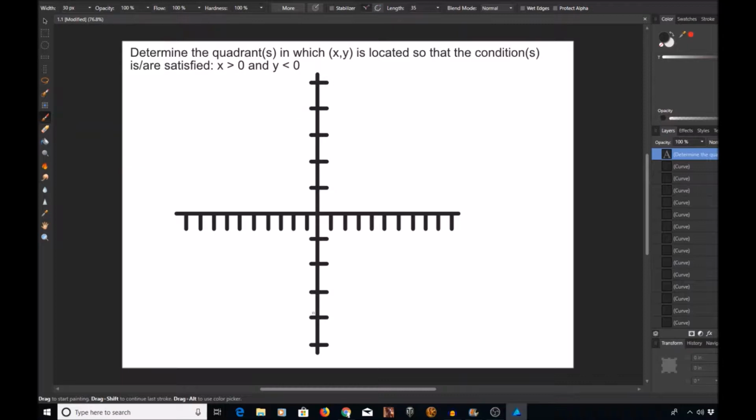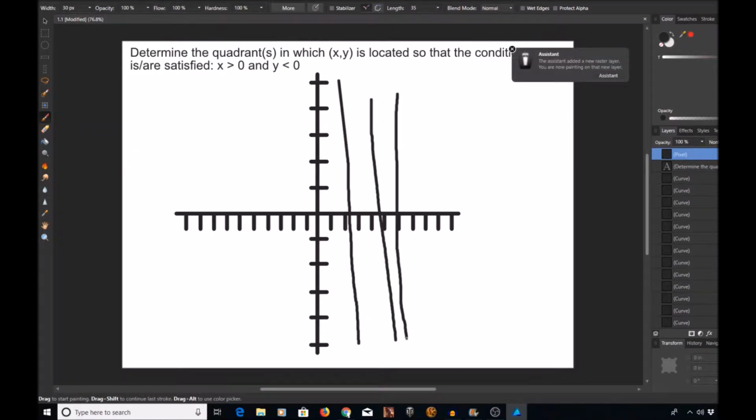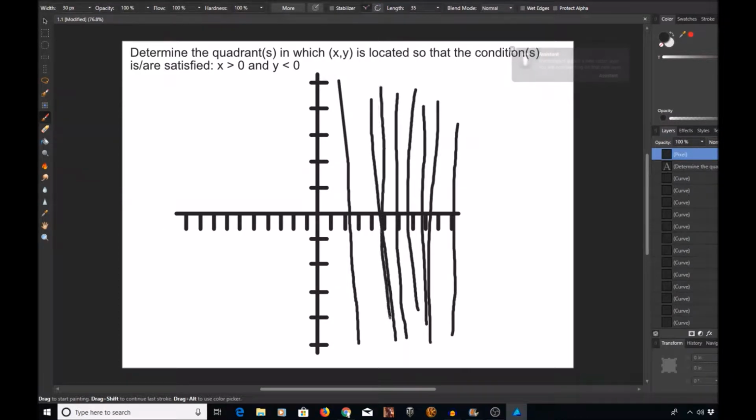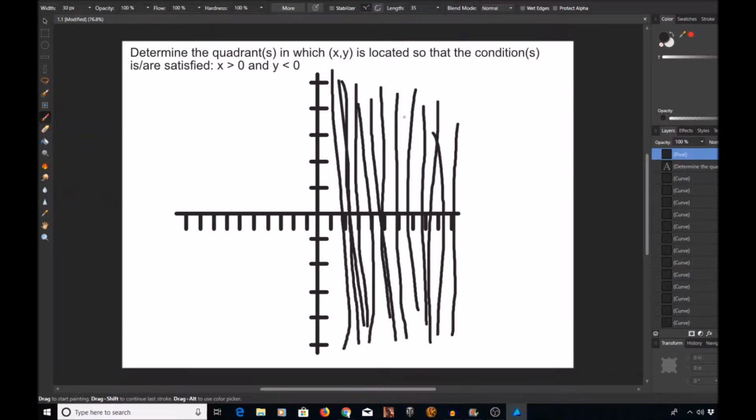Anything to the left of this vertical line would be a negative x value. So we can go ahead and just mark this out to help us. So this whole space right here is where x is greater than 0. And if it said x is greater than or equal to 0, then this vertical line would also count here. But because it's just greater than, it doesn't count.